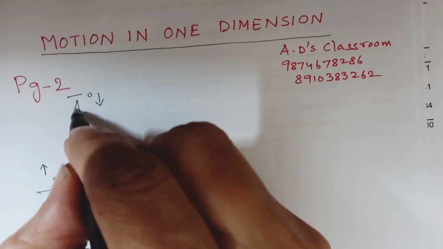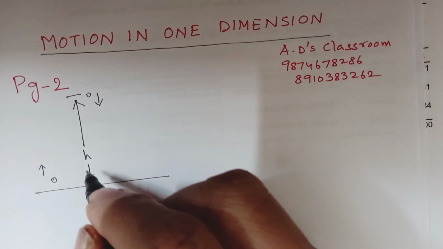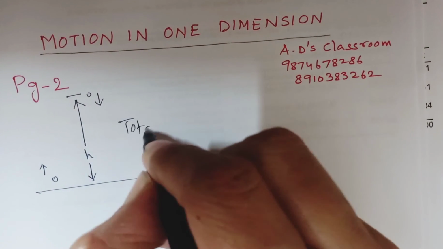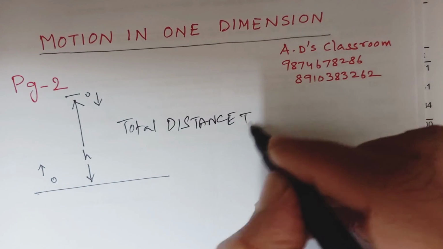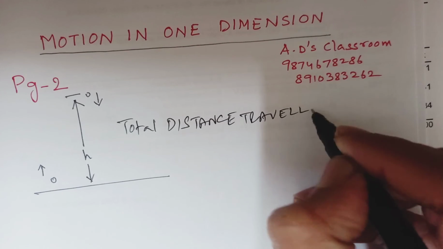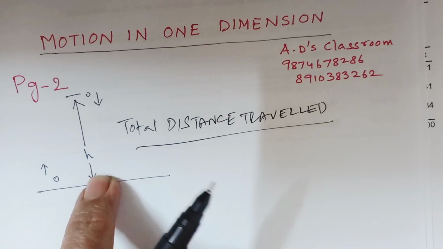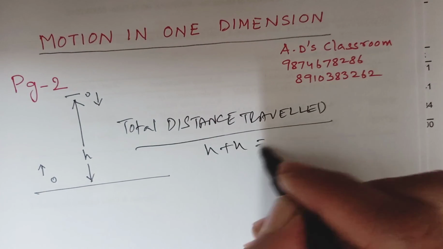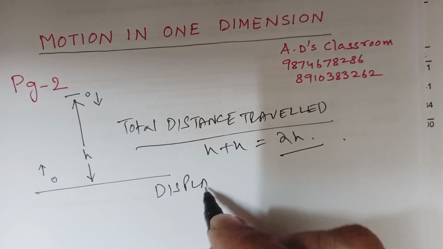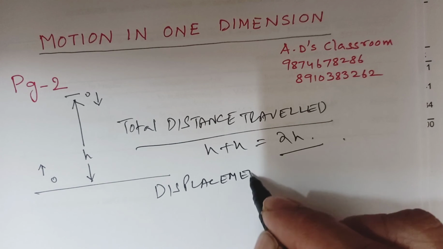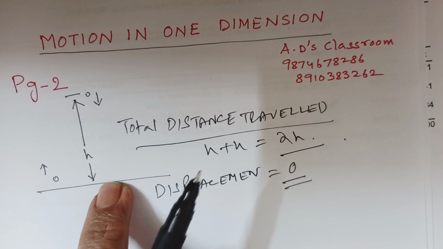Now, this is the height reached by the body. Say this is h. So in this case also, the total distance traveled will be h and h. That means h plus h, that means 2h. And displacement will be 0, because the initial point and the final point coincide.